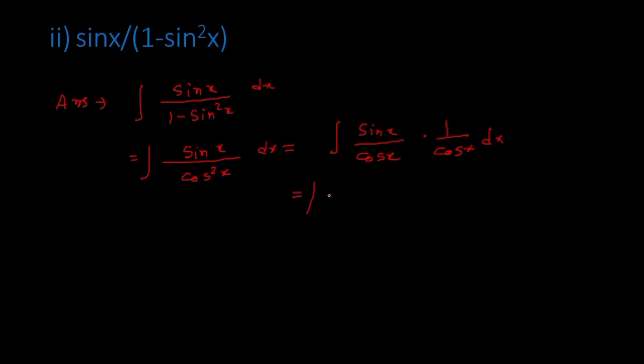So what will be sin x by cos x? It is tan x, into 1 by cos x means sec x, and we can write it as sec x tan x dx. So integration of sec x tan x dx will be sec x plus c.